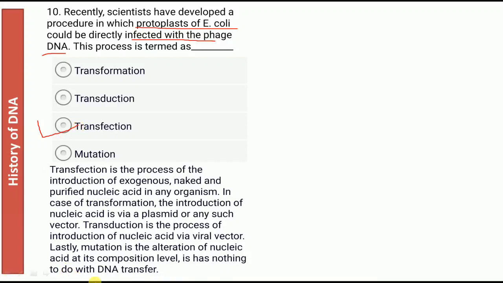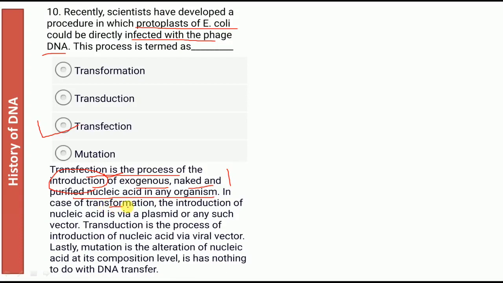How does this process occur? Now, in detail, we'll read about it. Transfection is the process of the introduction of exogenous, naked, and purified nucleic acid into any organism. So here, the exogenous naked DNA is introduced into any organism and this is known as transfection.